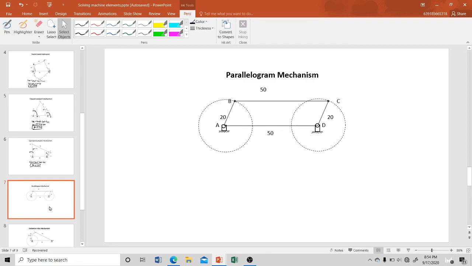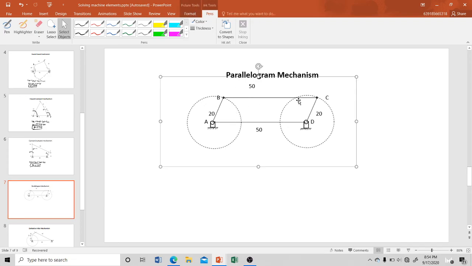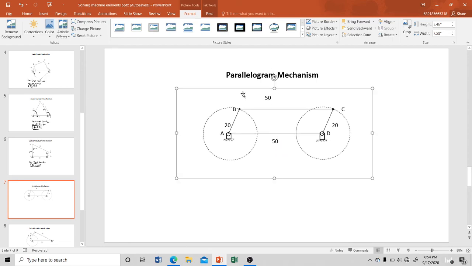All inversions of the parallelogram mechanism are double crank mechanisms. In a parallelogram, the two links have equal length, and the longer length is equal to another link.